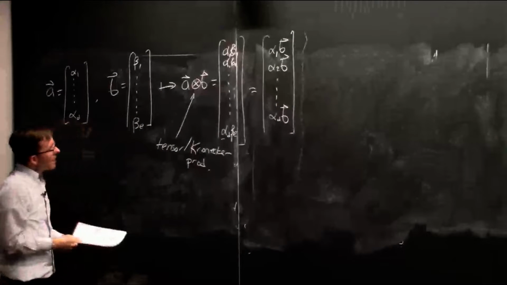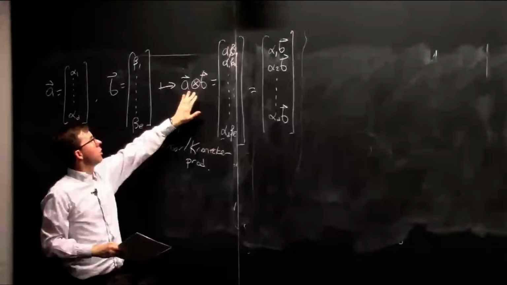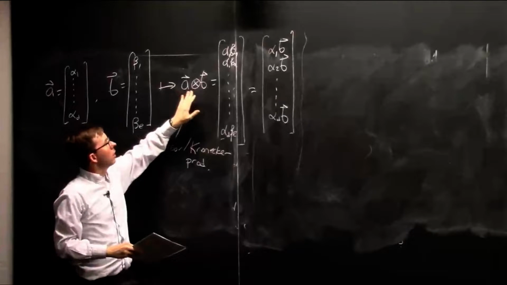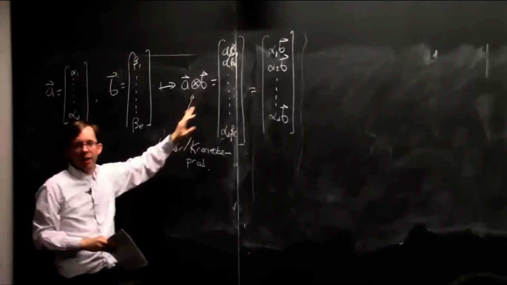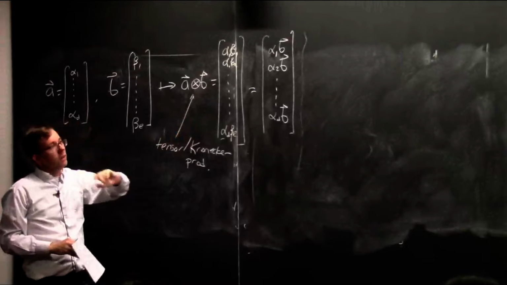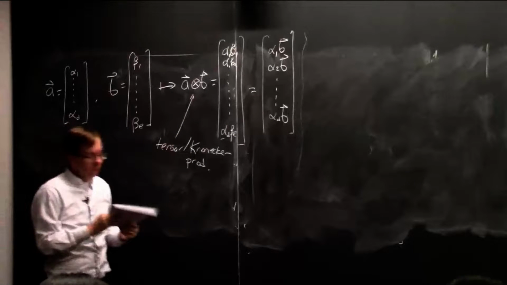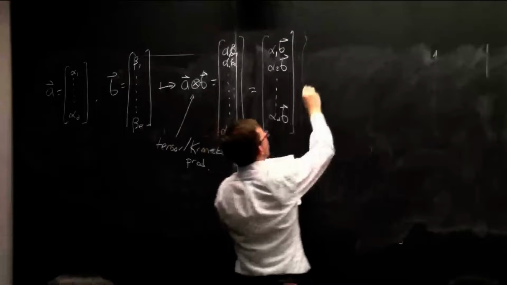In fact, you can extend this Kronecker product to not just a product of vectors, but to any matrix. We're going to need that later, so I'll define it now, since we're here.